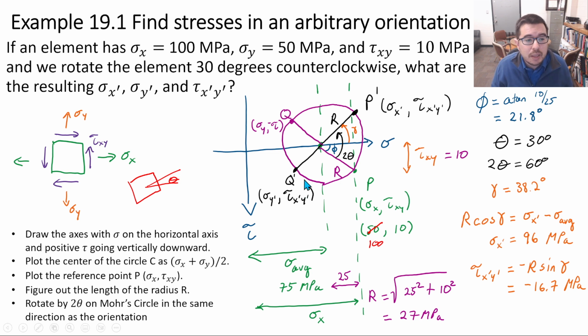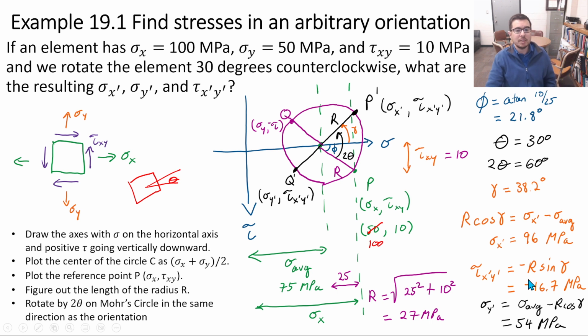Well, it's going to be very similar to what we had when we were figuring out sigma x prime. It's symmetric. It's the same distance horizontally away from the center. And so we can think of it as being the average minus the r cosine of gamma. And so we get 54 megapascals.